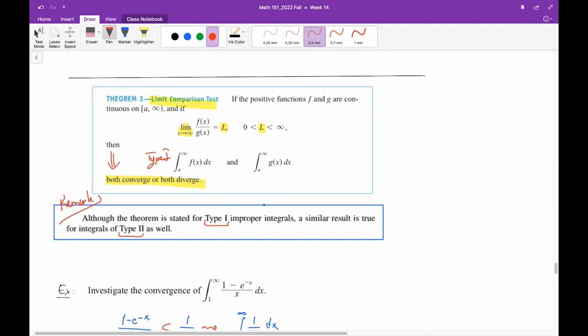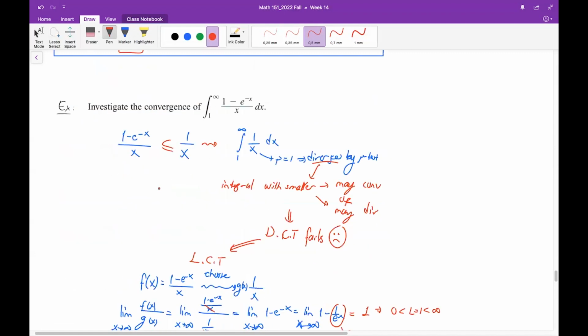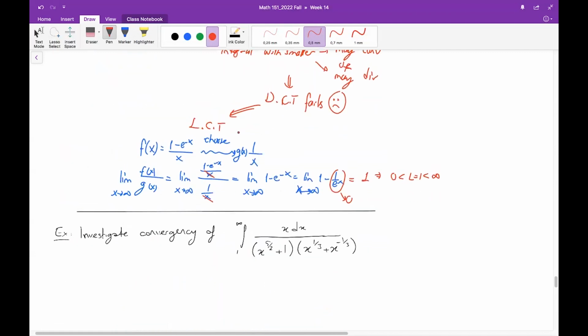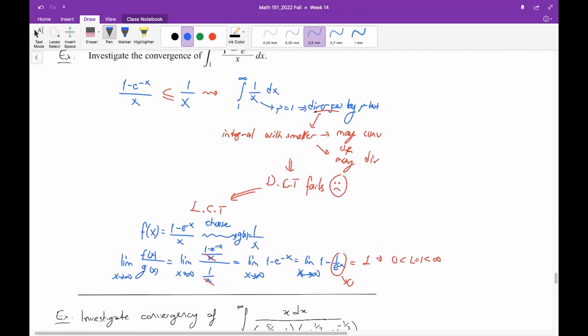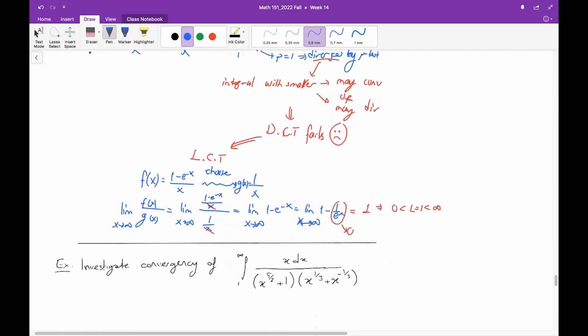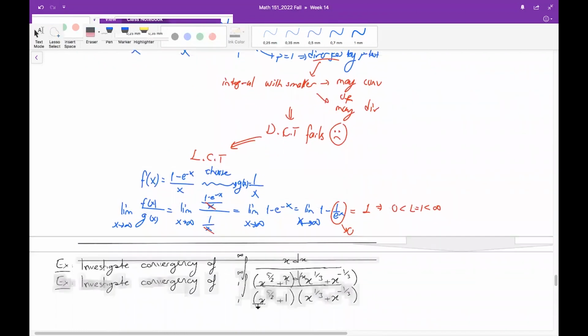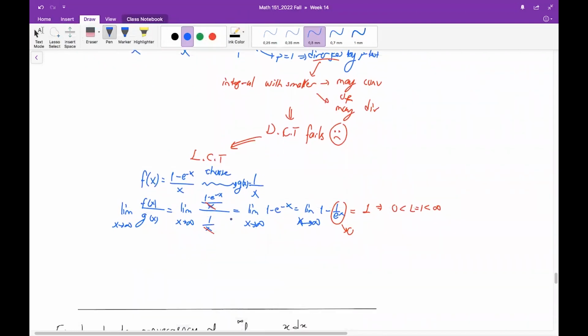Then the conclusion is that these two improper integrals of type 1 either both converge or both diverge. So what is the behavior of our g of x? We already expressed here that it is divergent by the p-test, remember? So let me write that down also here. The conclusion is they both converge or both diverge by the limit comparison test.